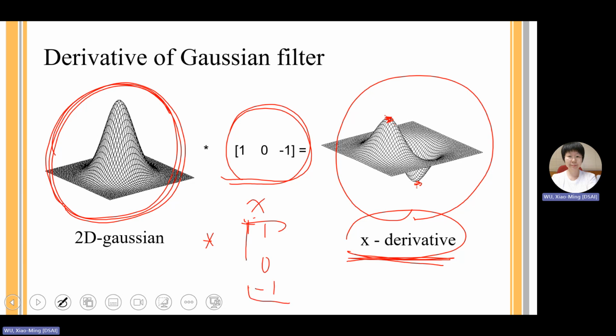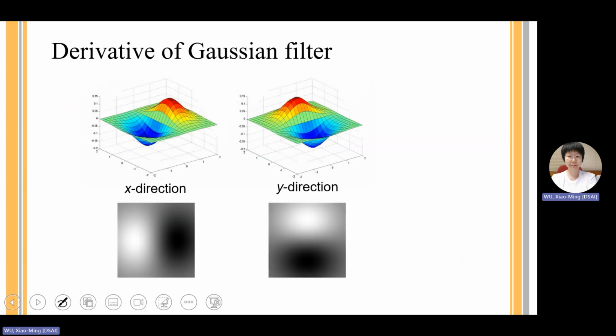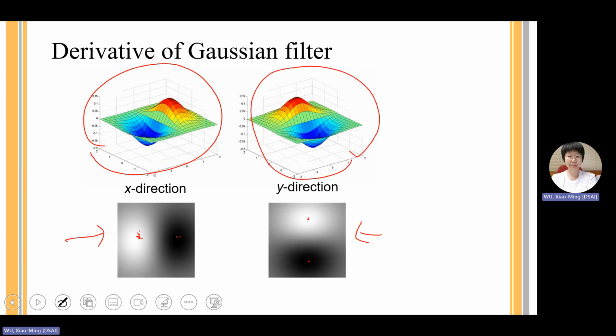You obtain the y derivative of Gaussian like this, with a high extremum and a low extremum. So this is the x derivative of Gaussian, the y derivative of Gaussian, and the visualization of the 2D function.